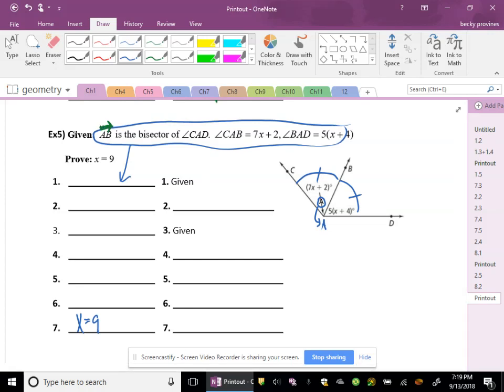Because we're going to apply that word. Let's apply the word bisector and write down the name of those angles. Okay, so the angle on the left is angle CAB, and it is congruent to angle BAD. And what vocab word did we apply? We applied the vocab word bisector.